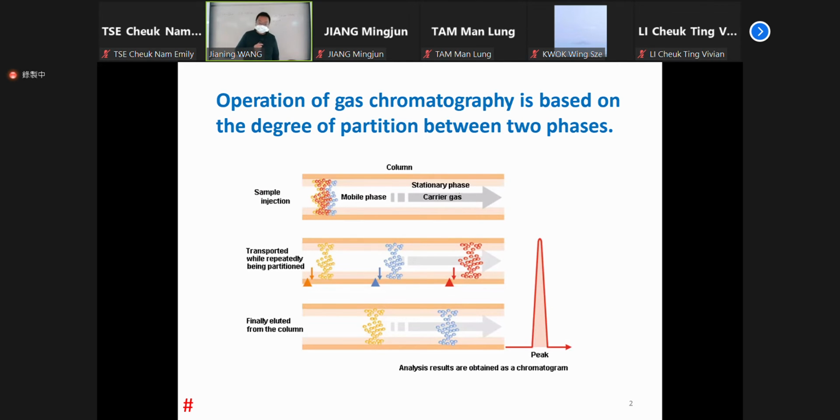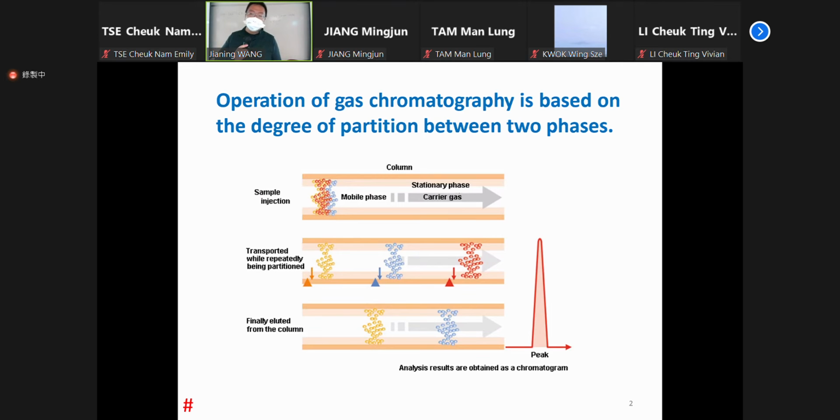In GC, we are using gas as the mobile phase. Even though the mobile phase is gas, it's still a chromatographic process.